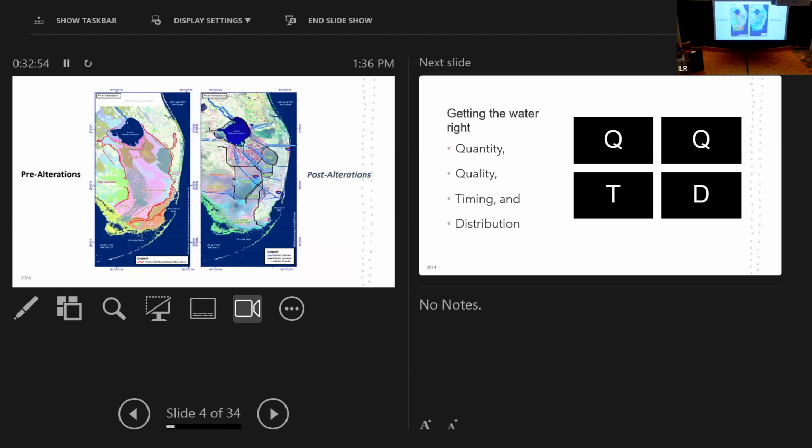Big Cypress Swamp is over here, but what was created was a channel over to the St. Lucie River into the southern Indian River Lagoon, creating a heavy water source into that area, and also a channelization of the Caloosahatchee River, with major amounts of water flowing out of Lake Okeechobee in that direction too. And all these canals, the West Palm Beach Canal, the Miami Canal, all going to the East Coast. So that's the current system.